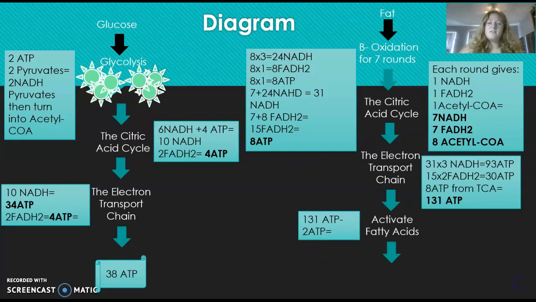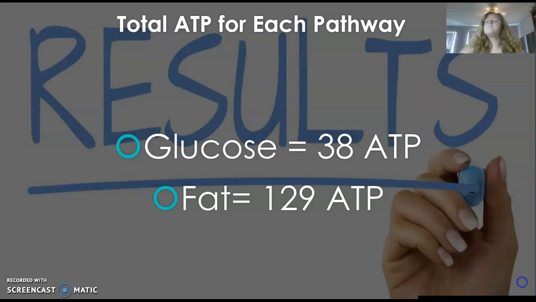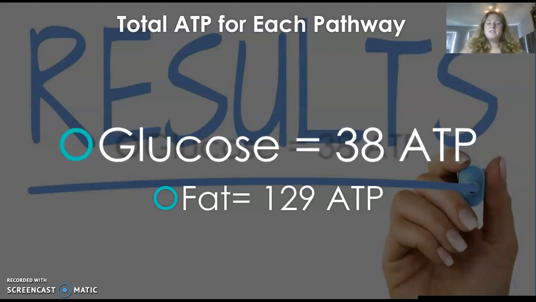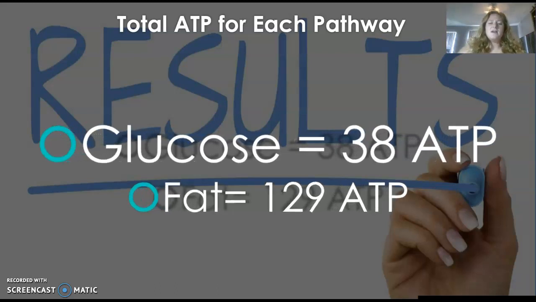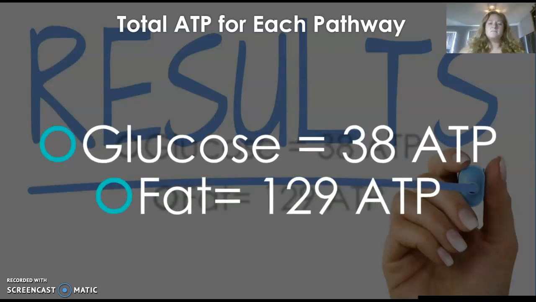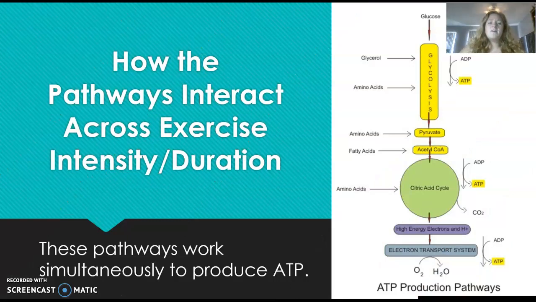So at the end of the fat pathway, we get a grand total of 129 ATP. Just to recap, for the total ATP of each pathway, for glucose we get 38 ATP, and for fat we get 129 ATP. So how does this all work when it comes to interacting during exercise intensity and duration?